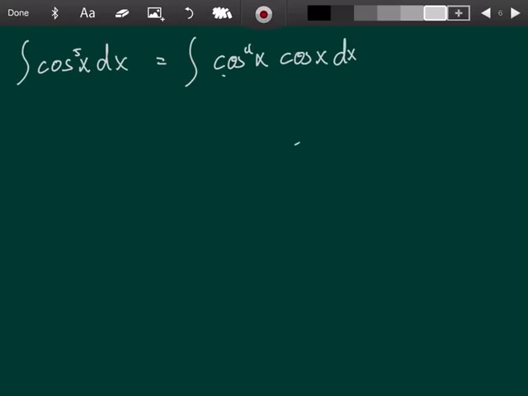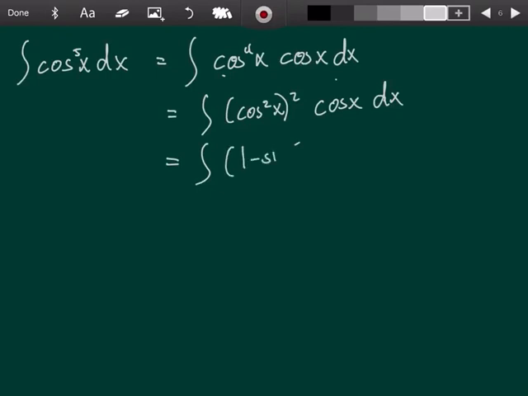Cosine raised to 4 is equal to what? Cosine squared x squared. That is equal to (1 minus sine squared x) squared times cosine x dx.